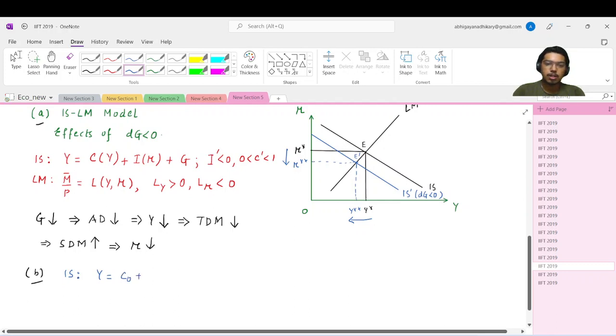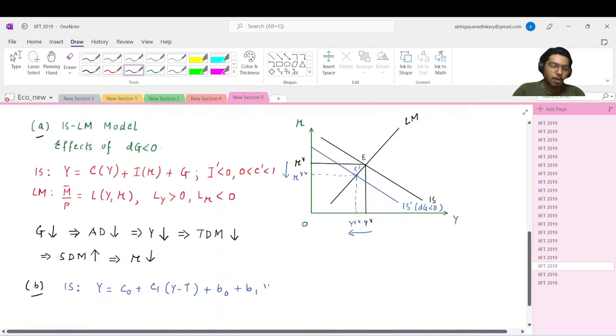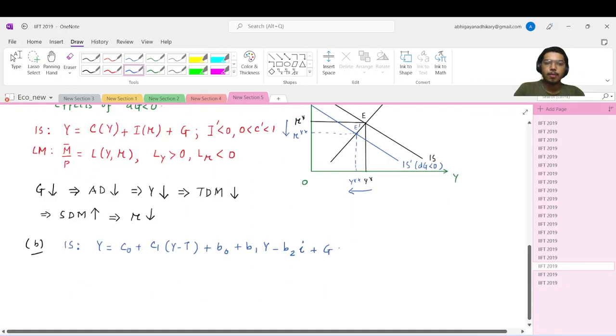It will be Y equals C0 plus C1 times (Y minus T), plus autonomous investment plus b1 Y minus b2 i, plus G. A little bit of calculation gives (1 minus c1 minus b1) times Y plus b2 i equals c0 minus c1 times T plus b0 plus G. This is the IS curve, equation 1.